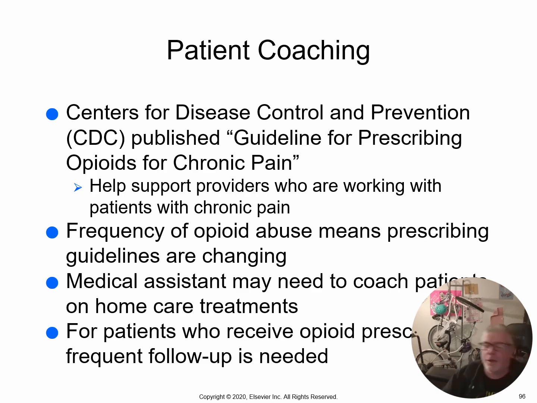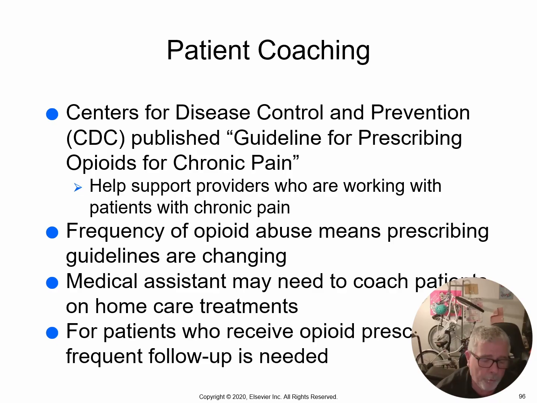So there's been a big to-do about the opioid epidemic and treating chronic pain, over-treating pain, and under-treating pain. That's a subject that's way too broad for us to talk about here, but it's a lot to talk about. The Centers for Disease Control and Prevention published guidelines for prescribing opioids for chronic pain.